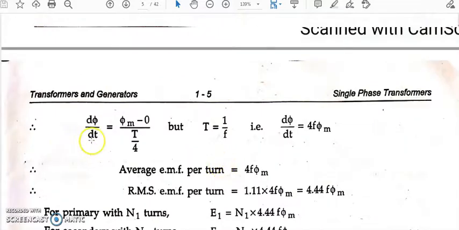Now coming to this, we know d phi by dt, how can it be written in another manner? d phi is the rate of change of flux, right? From 0 to maximum, so phi m minus 0. The flux changes from 0 to maximum, so I am taking the net amount of flux changed in that particular time. The net flux is phi m minus 0.